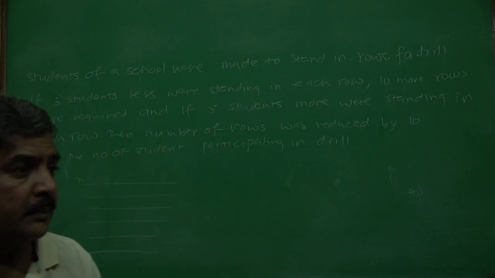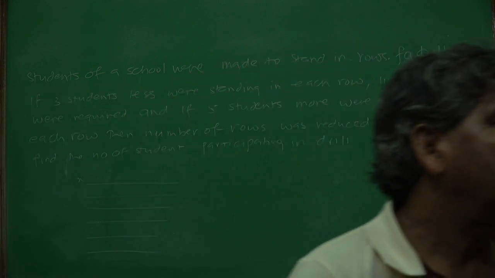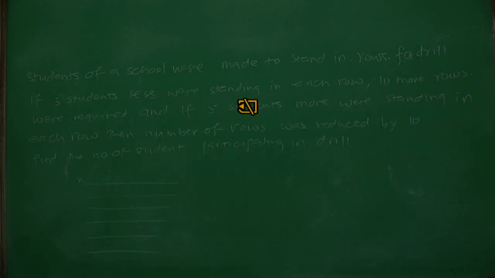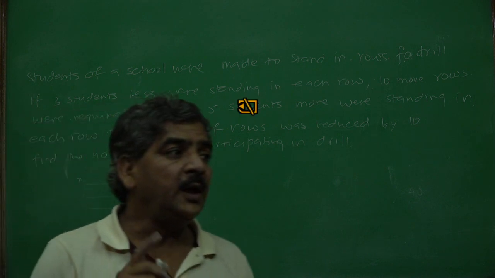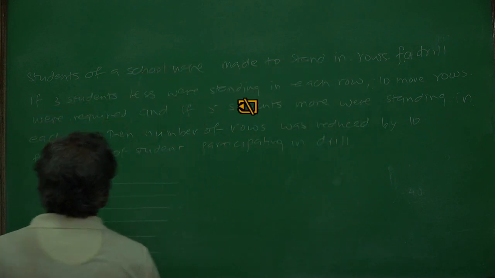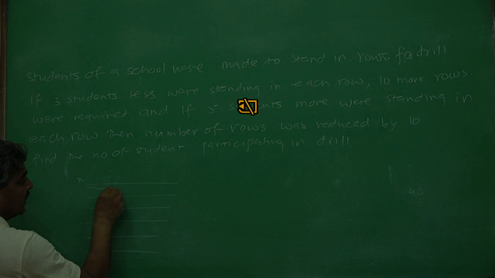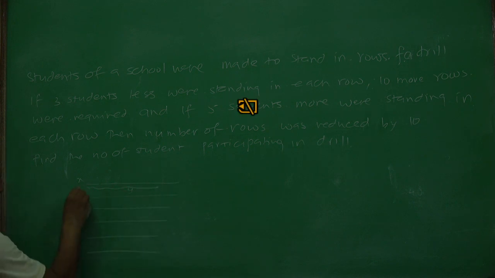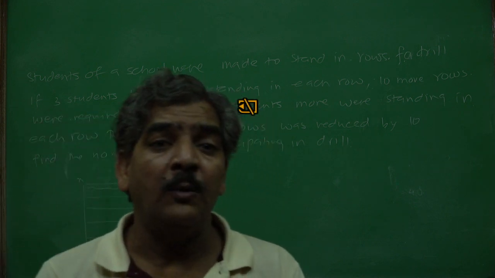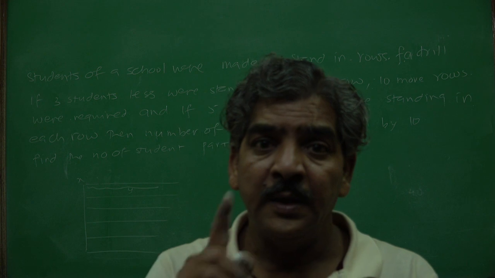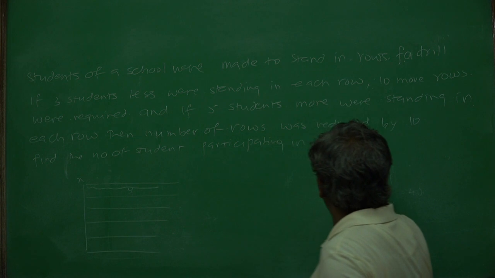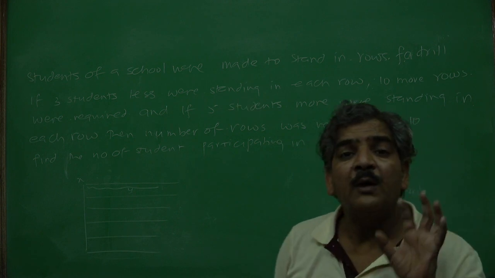Let there be X rows, and in each row Y students are standing. So these are the Y students and these are the X rows. So the total number of students will be how much? Number of rows into number of students in each row. So that is equal to X into Y. This will be the total number of students.